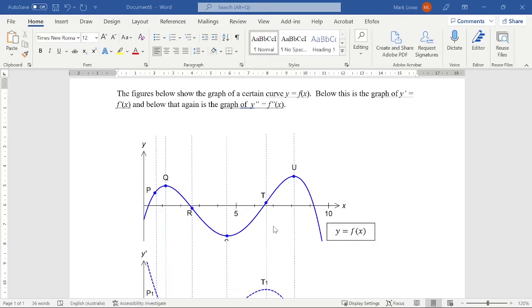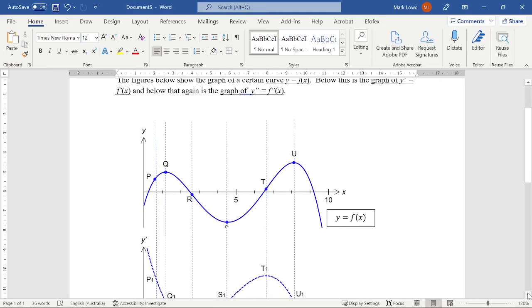That's where this diagram is useful. You've got three graphs here. The top one is what we might consider the original function, which, given its shape, could be a quartic, most likely, which is why you've got those two humps there.